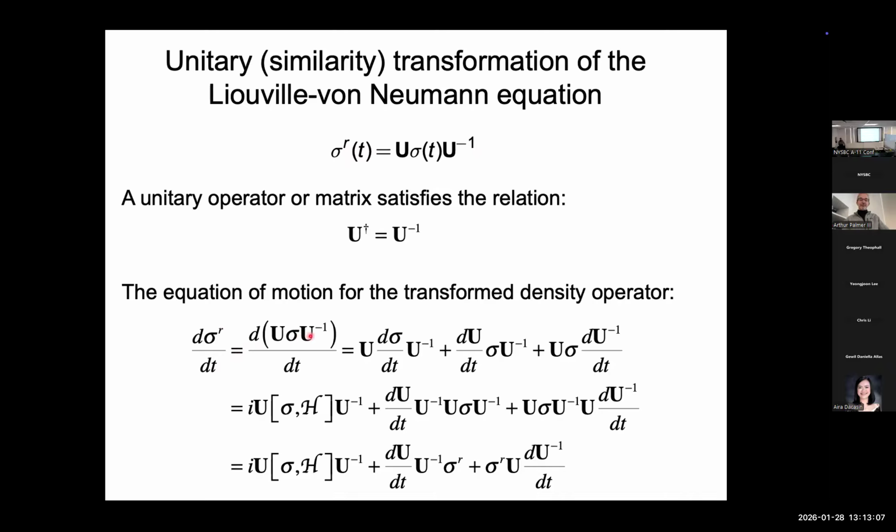So that's the time differential of U sigma U minus 1. And then I just have to apply the chain rule of calculus, and I have the sum of three derivatives. The derivative with respect to sigma, the derivative with respect to U, the derivative with respect to U minus 1.